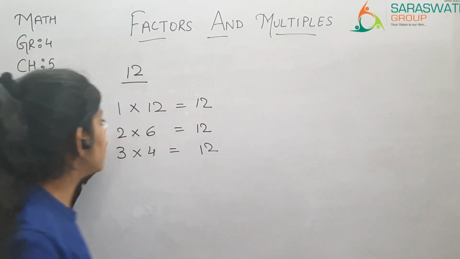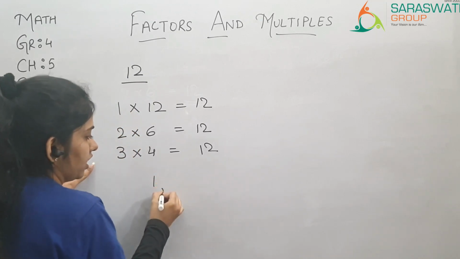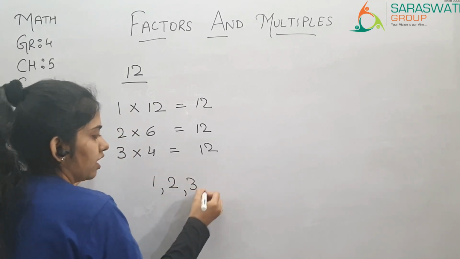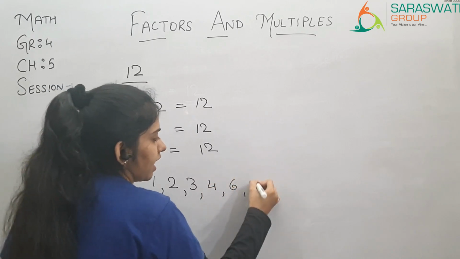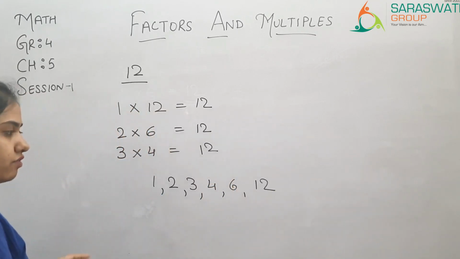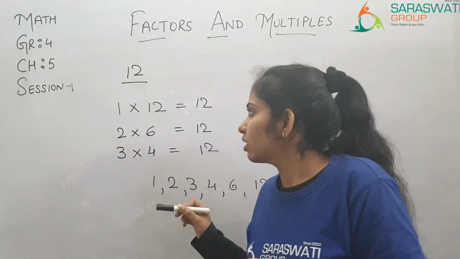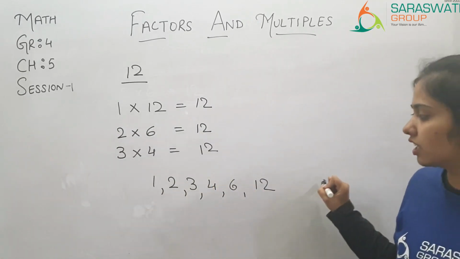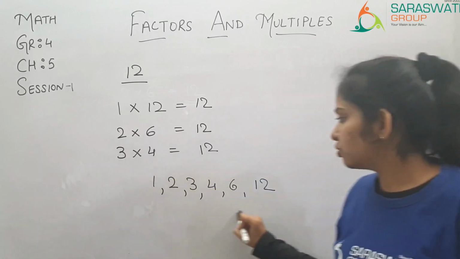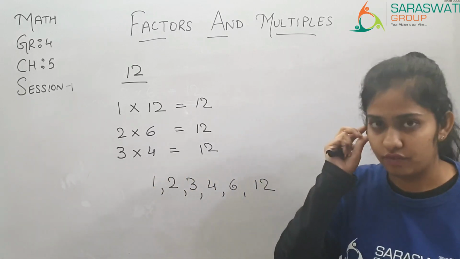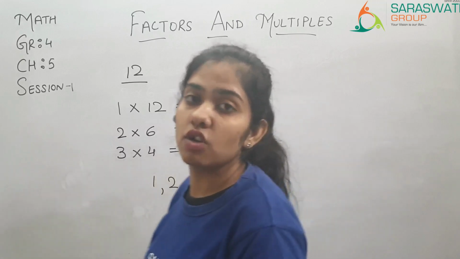So which digits come over here? 1, 2, 3, 4, 6 and the number itself, 12. So factors of 12: 1, 2, 3, 4, 6 and 12. These are the factors of 12.